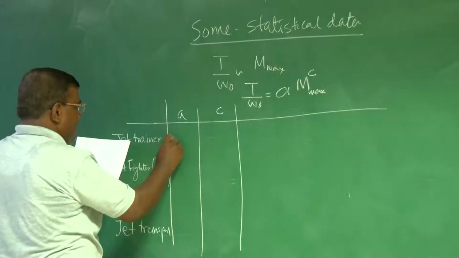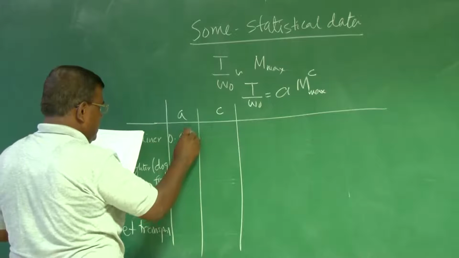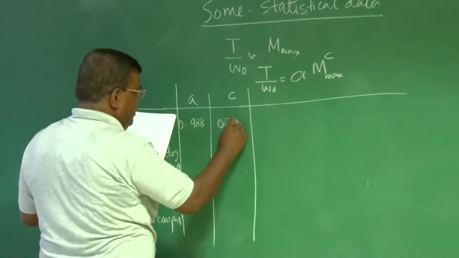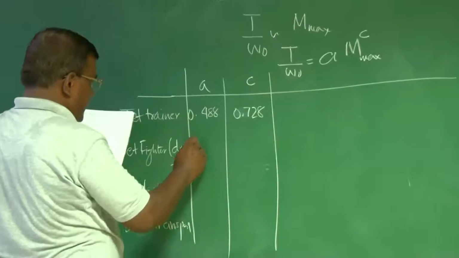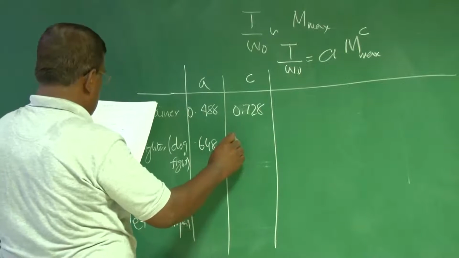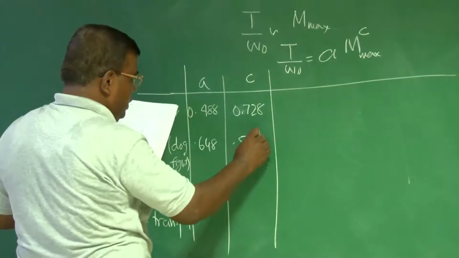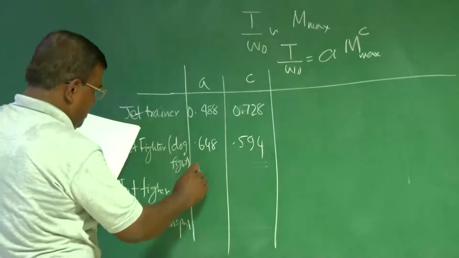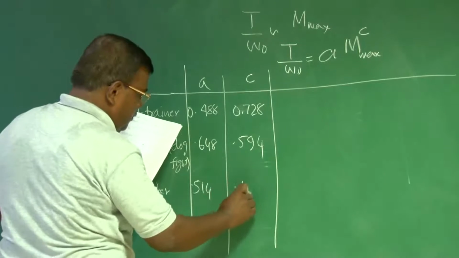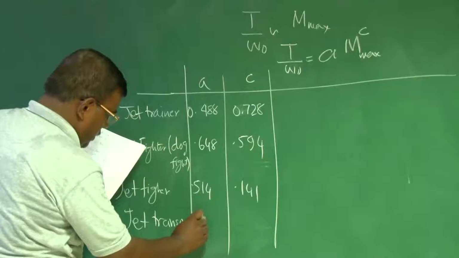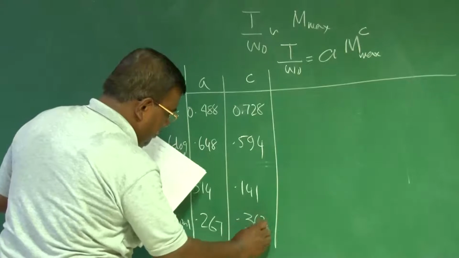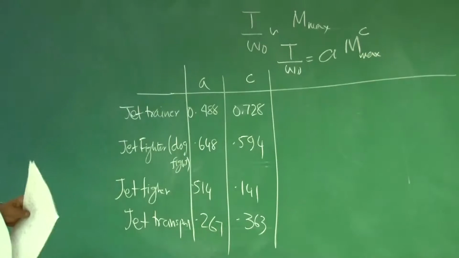For jet trainer it is 0.488 and C is 0.728. This is for dogfight, it is 0.648 and this is 0.594. This is 0.514, 0.141, 0.267 and 0.363. These are typical guideline numbers.